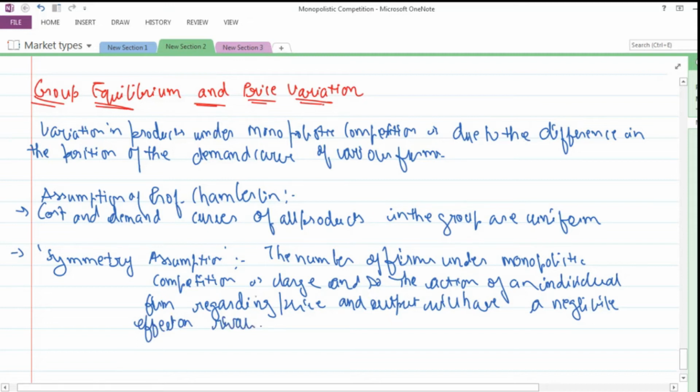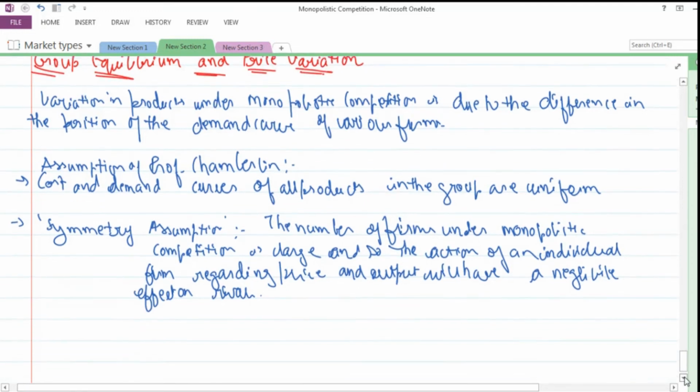Based on these assumptions, short-run equilibrium of the firm can be depicted like this.